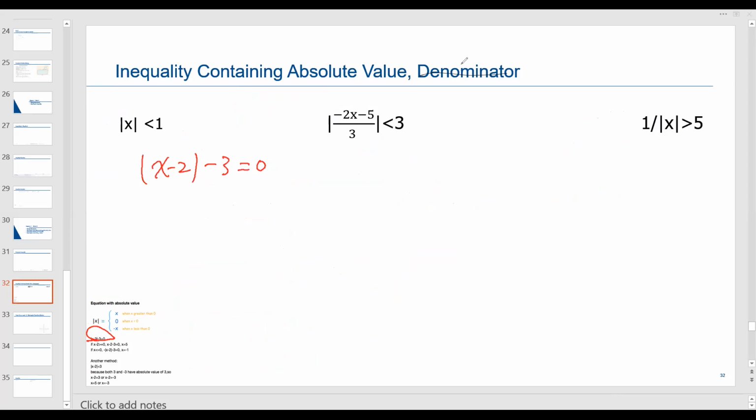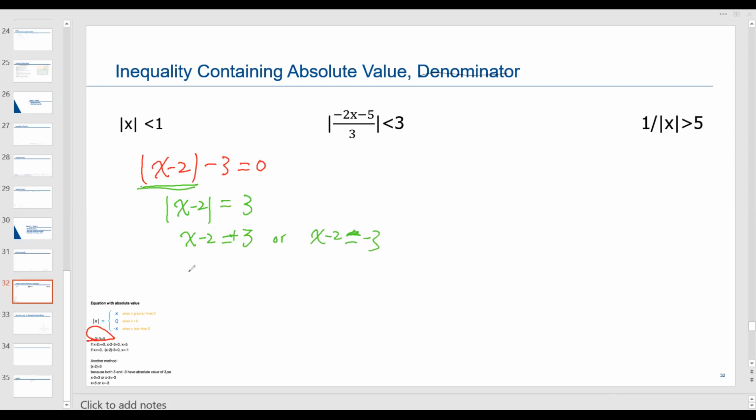So we consider this part as one thing first. Both sides plus 3, we can move the 3 to the right. So we know this part can be +3 or -3, right?